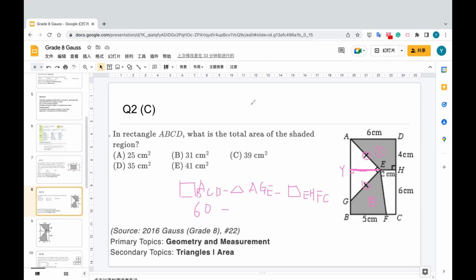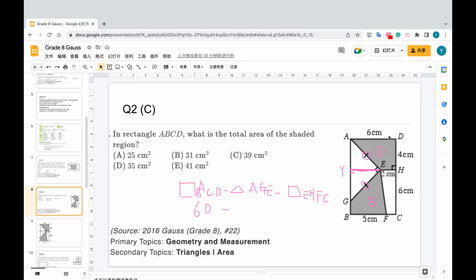You don't have to talk, you can just type in. If you see here, Y is on AG, E is in the middle. What's the total length of YE? The horizontal line here, YE. Good. It's 4.